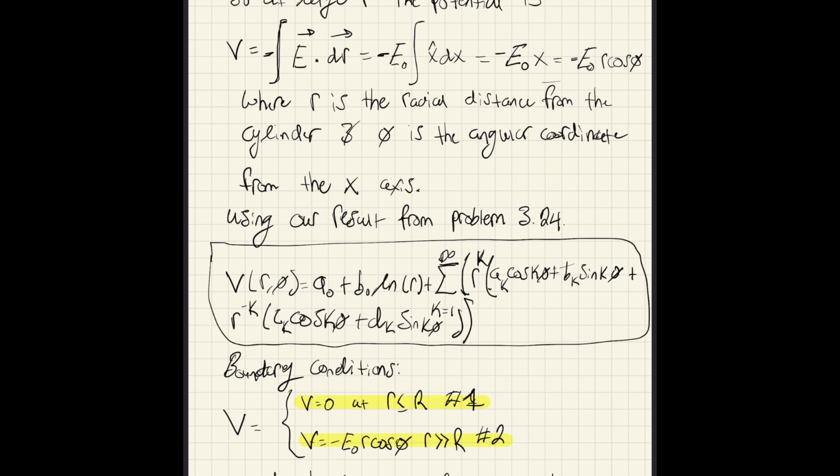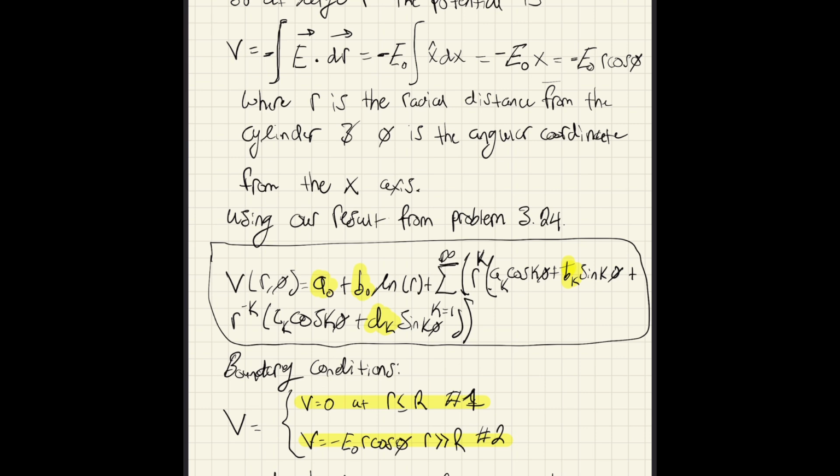So if we compare what the potential reduces down to for these two conditions to the full general solution, we can see that A naught, B naught, B sub k, and D sub k must be 0, like I've written here.